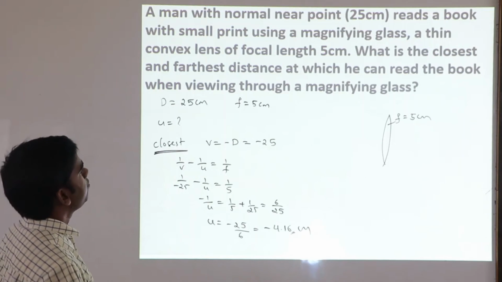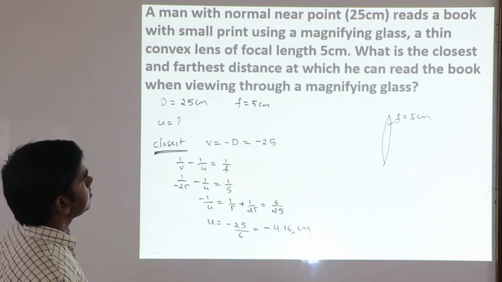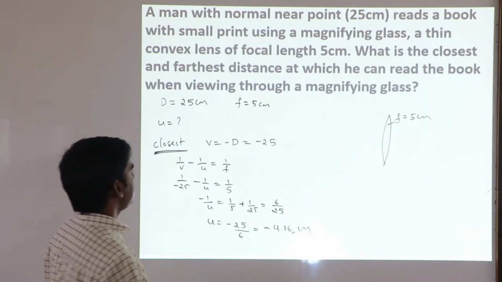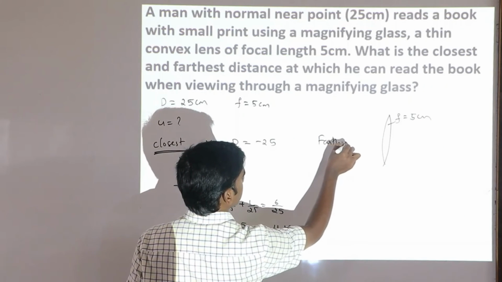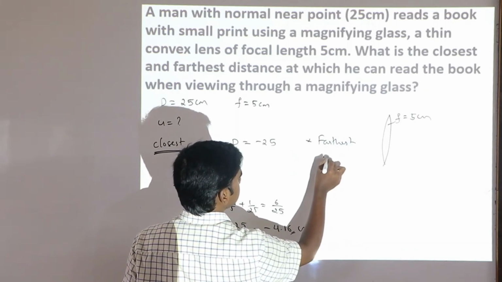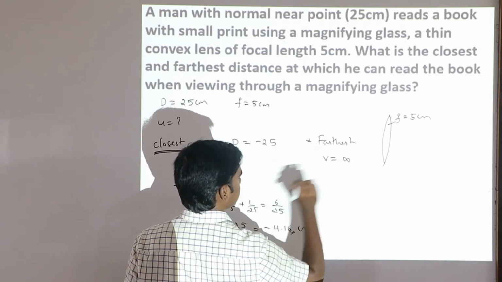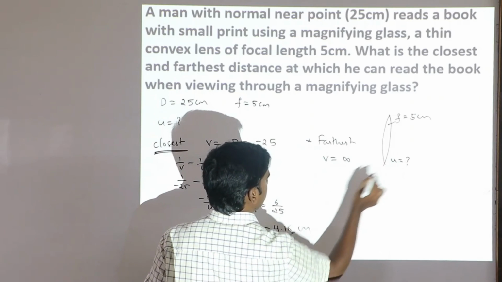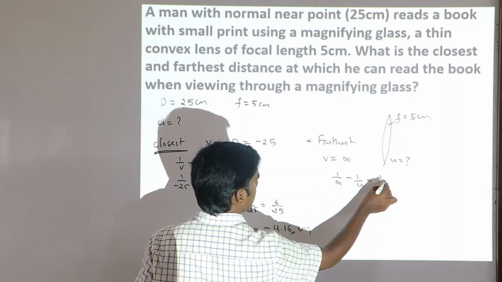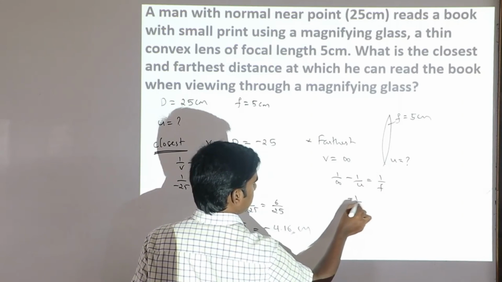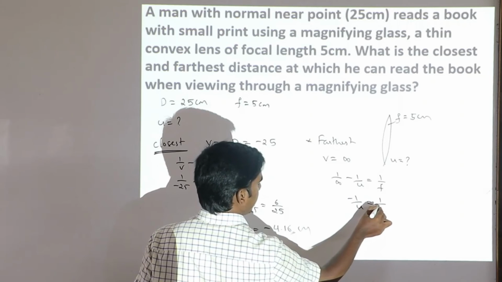Okay, so for farthest, what should the image distance be? For farthest, the image distance should be at infinity. So you have to find U. 1 by infinity minus 1 by U equals 1 by F. So minus 1 by U equals 1 by 5.